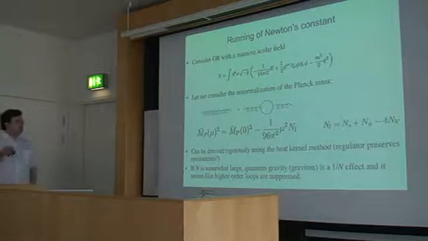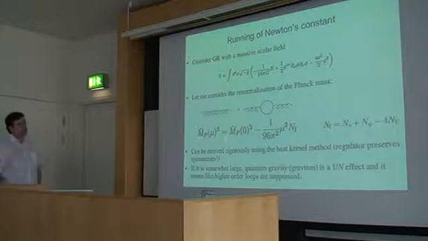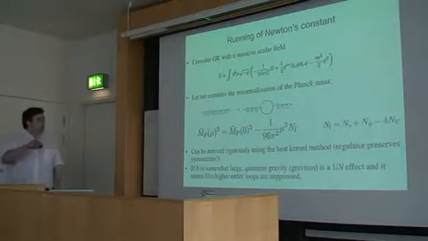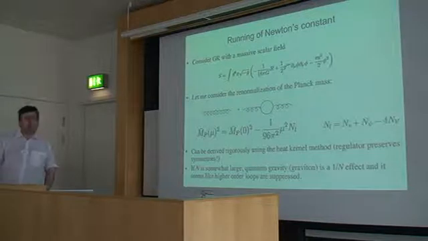What you find is that the Planck mass, or the reduced Planck mass in this case, squared, measured at some energy scale mu, is given by the one we measure in astrophysical measurements at large distances, zero energy squared, minus 1 over 96 pi squared, mu squared, where mu is the energy scale at which you do the measurement, and N_L depends on the particle content you have in the model.